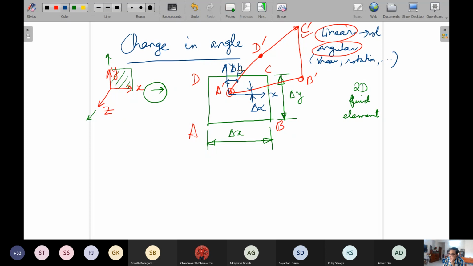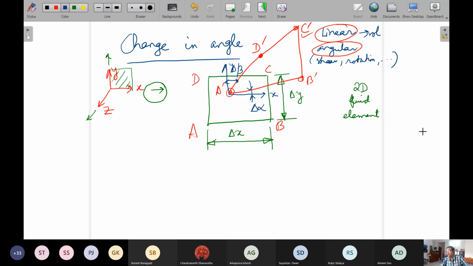So change in angle is something for which we are interested to calculate the expression. That means we will calculate the expressions for delta alpha and delta beta.